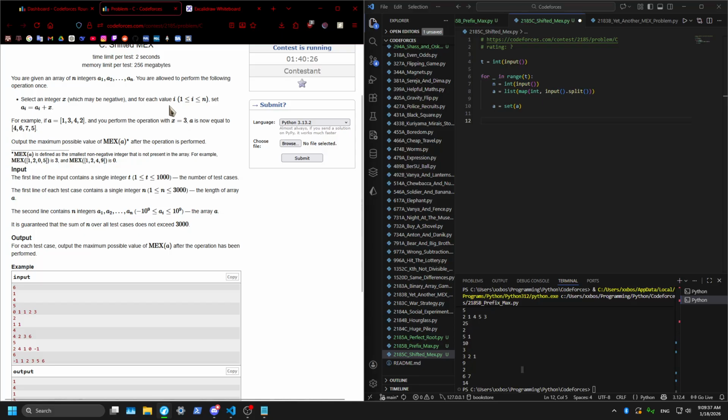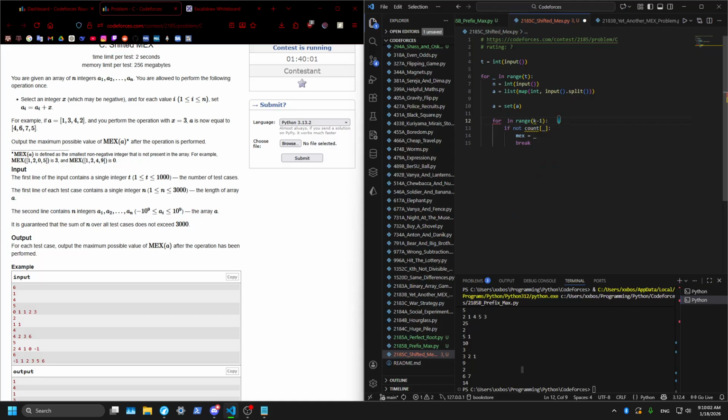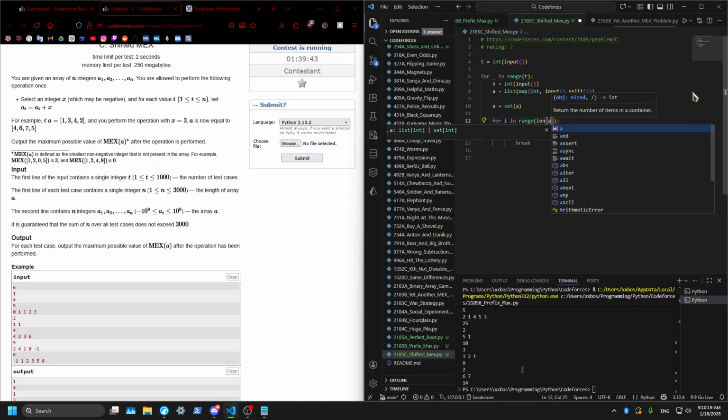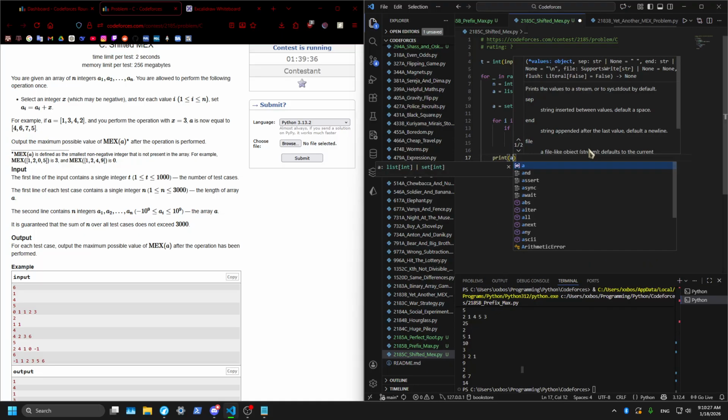For i in range len A. Why is this capital S time?